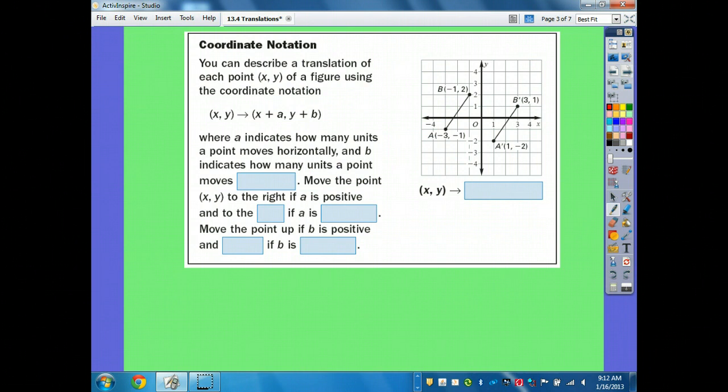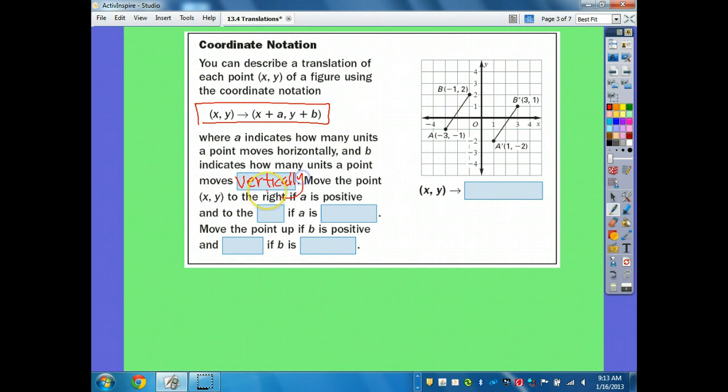Coordinate notation. You can describe a translation of each point (x, y) of a figure using the coordinate notation. And this is in algebraic form. But that's exactly what we just did by adding 4 and 5 on the previous page. So, where a indicates how many units a point moves horizontally, and b moves what then? a is horizontally, b will be what?